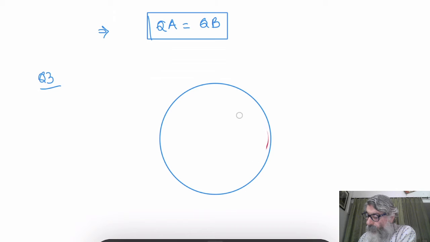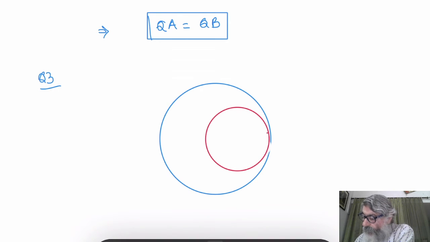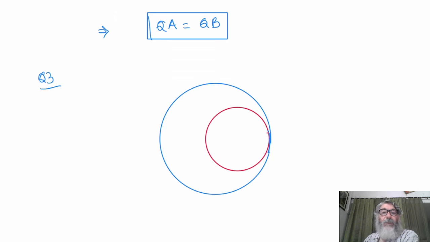But I'll try again. No problem. Okay, very close. I'll show that they are touching each other. These two circles are touching each other internally.